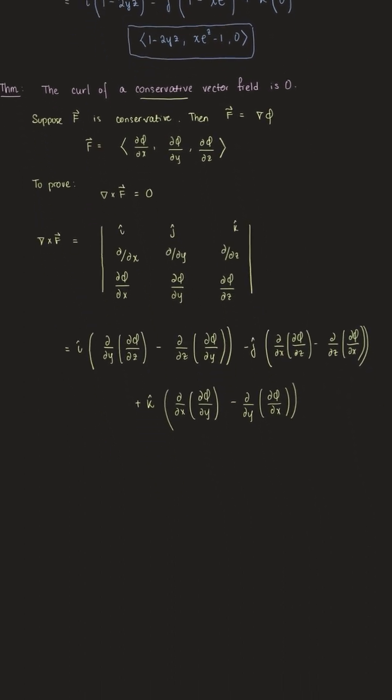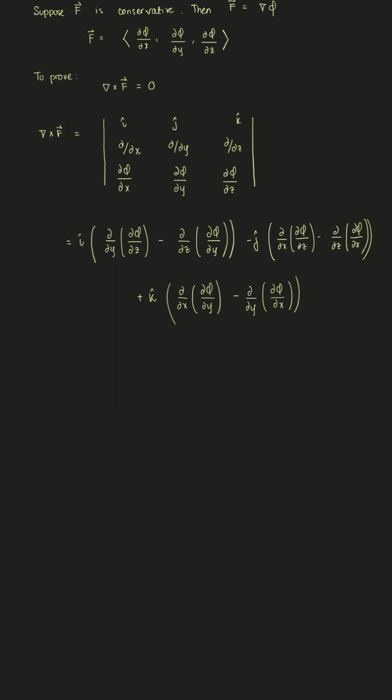All right, so there's our curl. Let's try to rewrite that a little bit and see what important things this might tell us. These are all second order partials. So we have the second order partial of phi with respect to y and then z minus second order partial of phi with respect to z and then y.